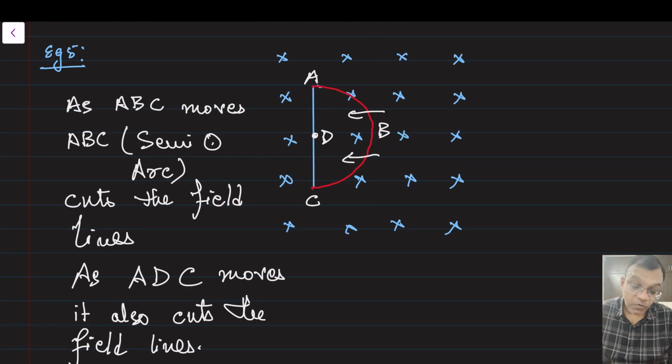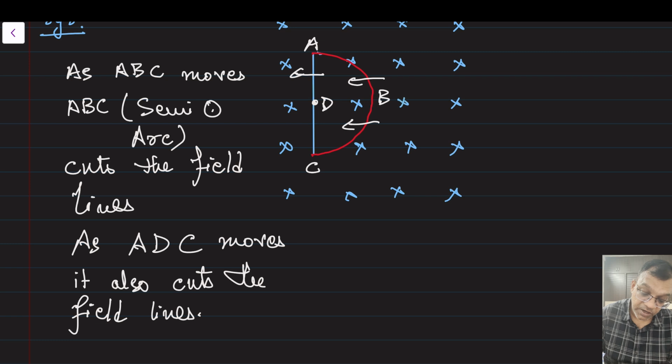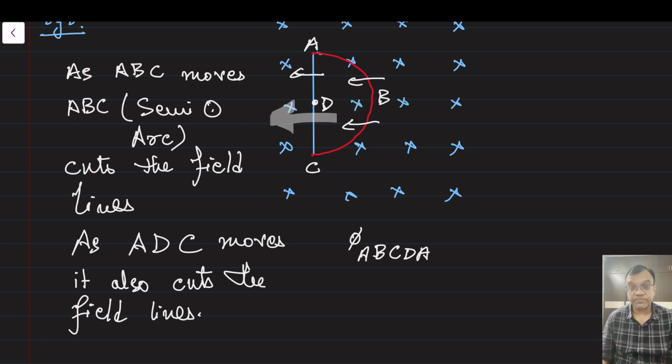Now if we consider the total loop ABCDA, then whatever number of field lines are entering from here, the same number of field lines are leaving from here.